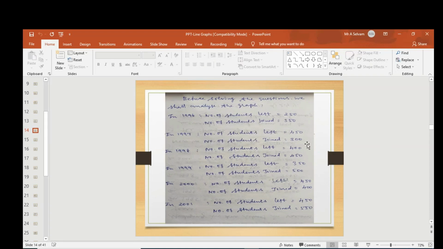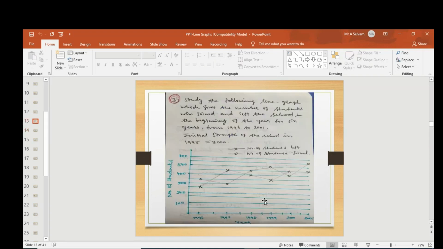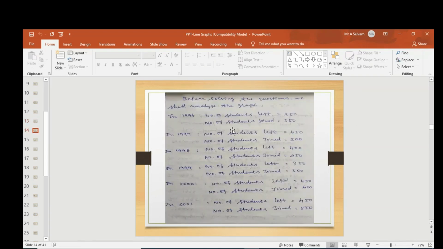Likewise 1997, look at 1997: the number of students who have left is 450, and who have joined, 300. So 1997: number of students left 450, number of students joined 300.